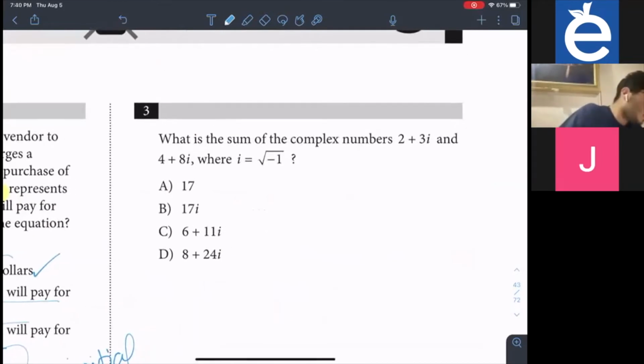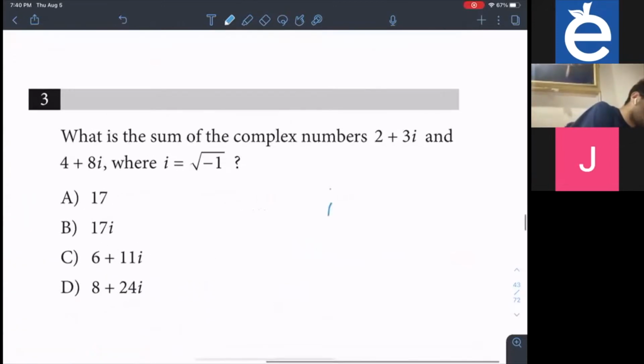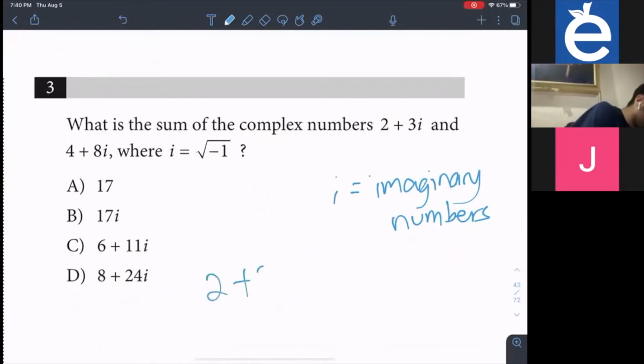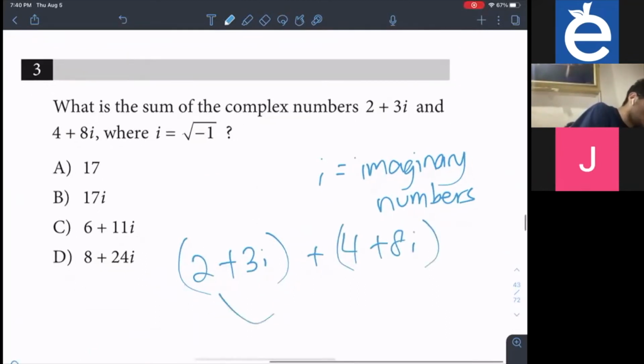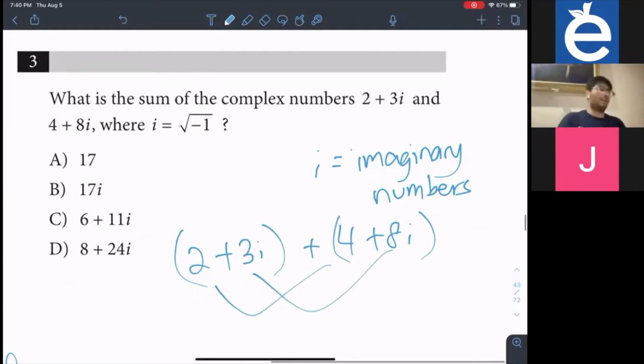Question 3. What is the sum of complex numbers 2 + 3i and 4 + 8i? So the first thing to know is that i is our imaginary number. The way I do this problem is by first putting parentheses around the expressions, and now adding them as we would do with variables.